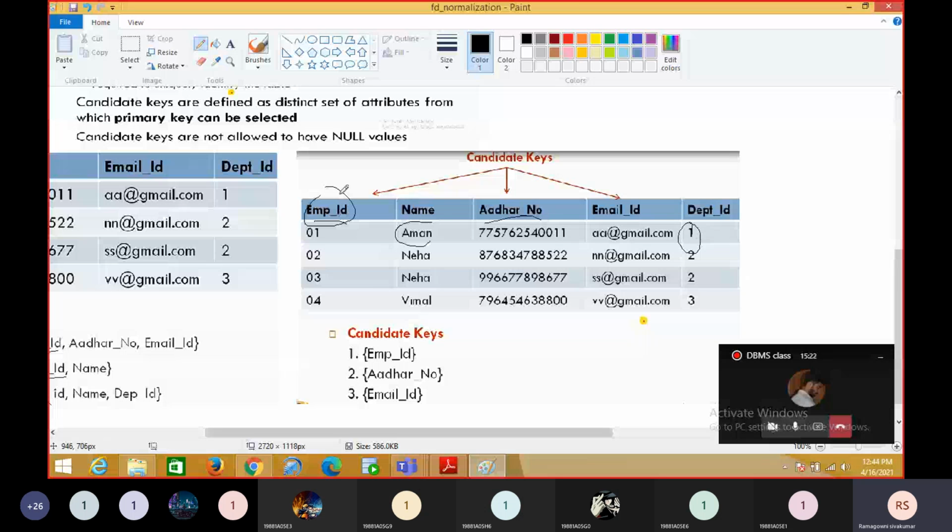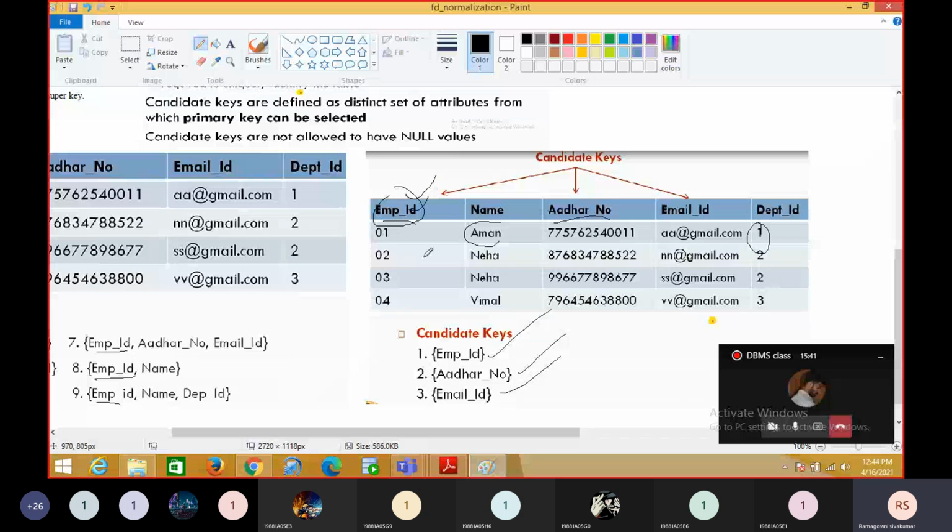Because of the candidate key, we can find the unique row, the unique value from the relation. Those are called candidate keys. The super key is the same: you can find a unique row by using one or multiple attributes, which is called a super key. So these are the candidate keys.